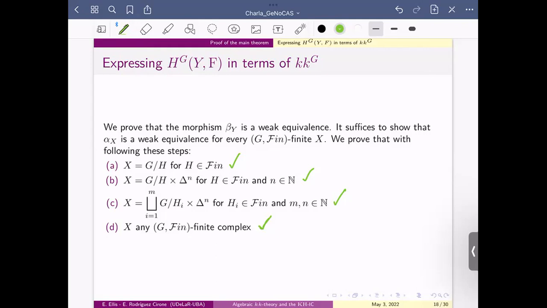We start from a Milnor square, and then we use the 5 lemma and obtain that we have a weak equivalence.